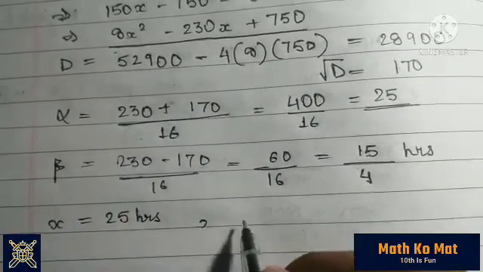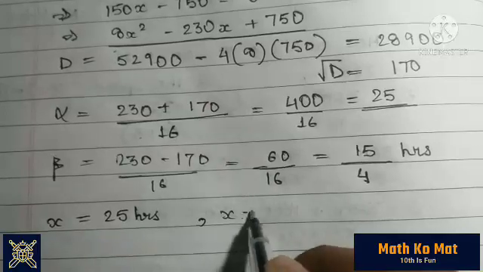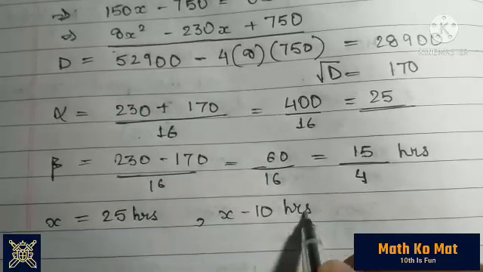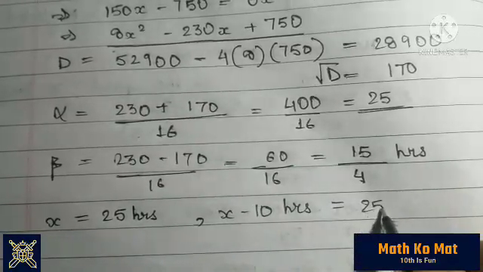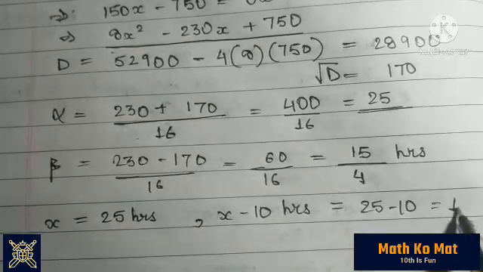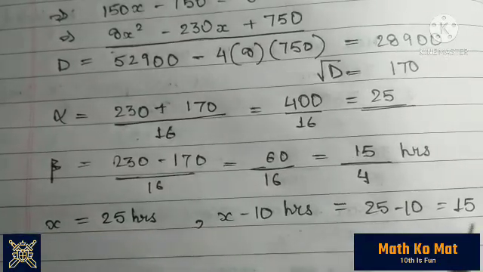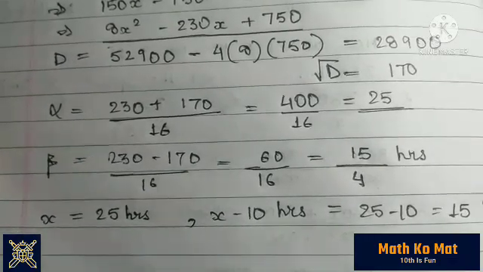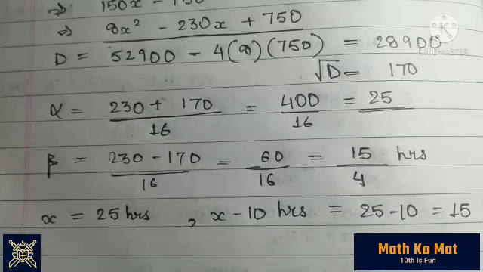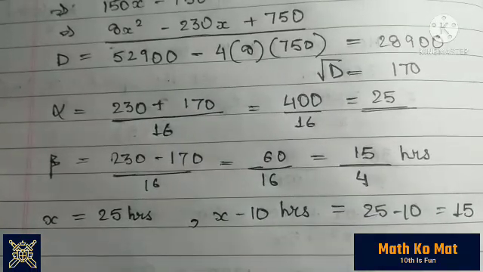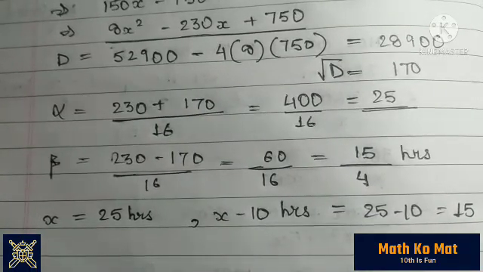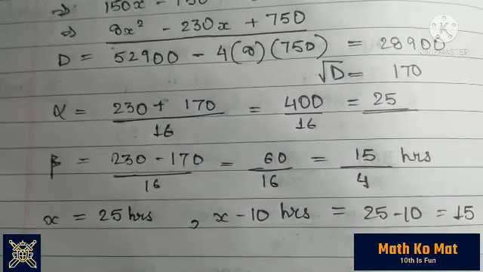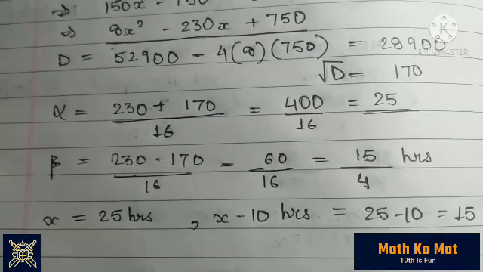Similarly, the larger tap fills the tank in x minus 10 hours, which is 25 minus 10, equivalent to 15 hours. So this is the solution for this question. I've told you the concept also. It would be very easy if you use the concept of efficiency. I'll meet you in the next video with the next solution. Till then, bye.